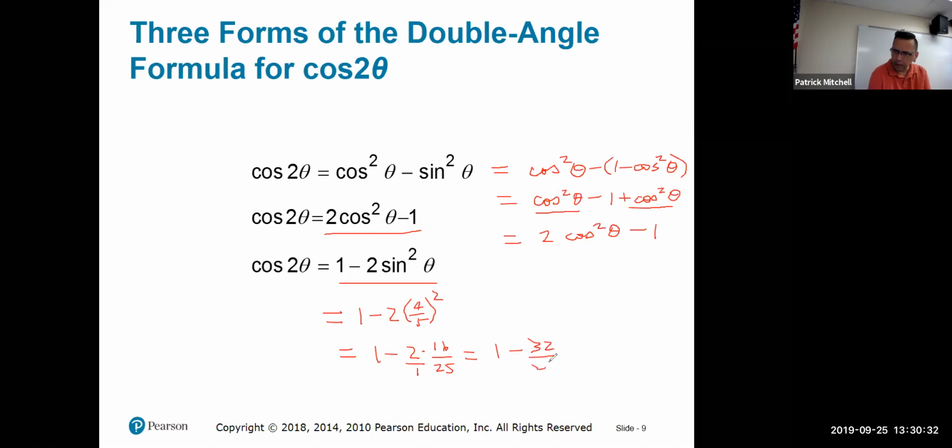And then when you get your common denominator, I have figured out, I think, what's going on with the pen. When I get further down the screen, I write sloppier because of the way my hand is positioned here. I need to move the tablet back. All right. You get your common denominator. 25 minus 32 is -7. So that's an easier way to do that problem because, again, I don't need to know that the cosine of theta is -3/5.